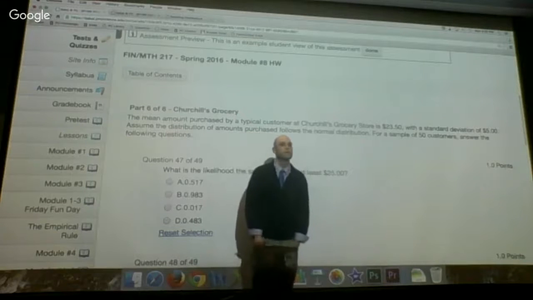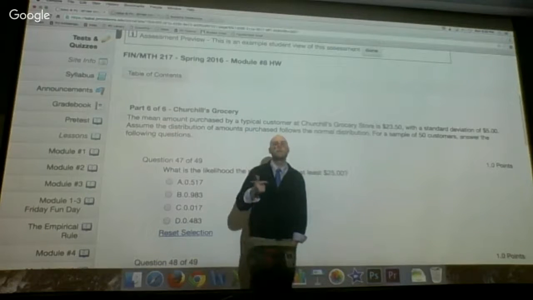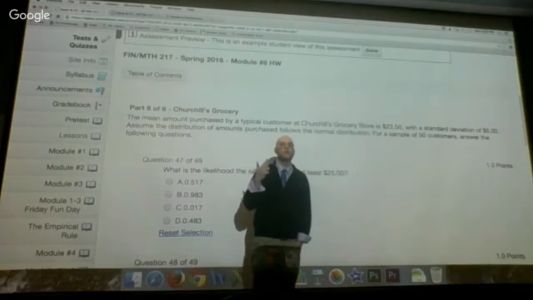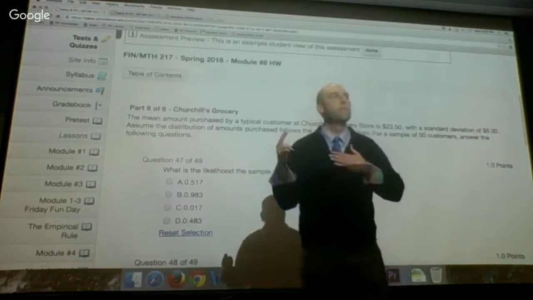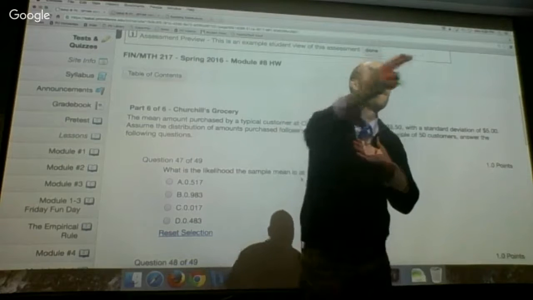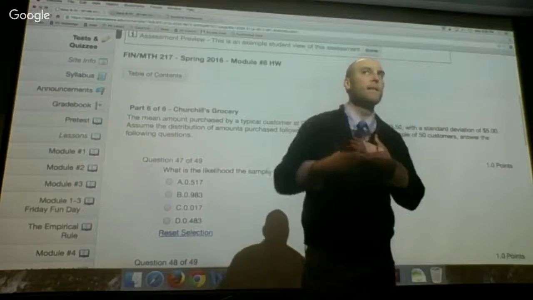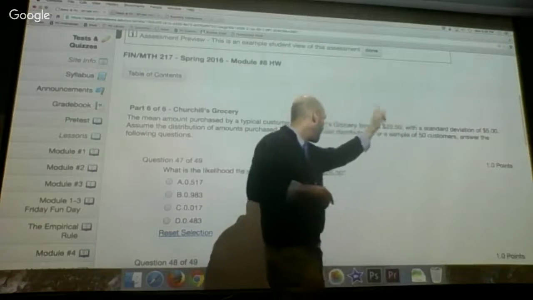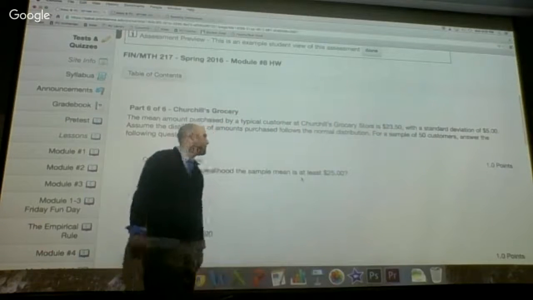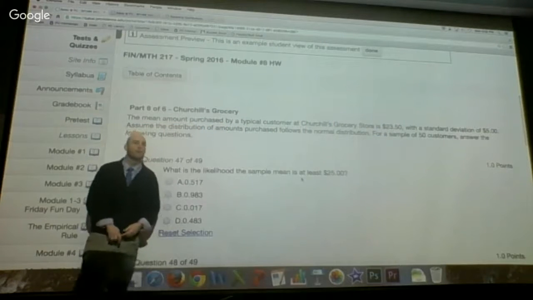All right. We're going to have a population mean, a standard deviation, a sample size. With the standard deviation and sample size, we're going to combine them to create standard error. And we'll use 25 as a raw score. Take 25 minus 23.5, and we'll get a sampling error of 1.5.